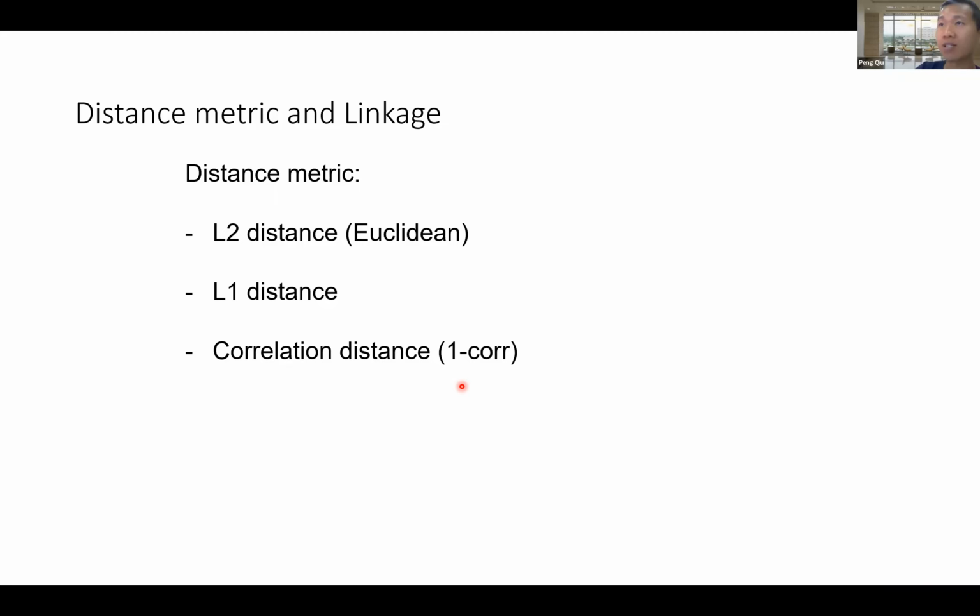Okay, so that's a choice of distance metric. Sometimes I use L1 because L1 does not involve taking squares and square roots, and that calculation is faster. When I look at single cell data where I have millions of cells, computing Euclidean distance between two cells is maybe 0.0001 seconds slower than computing L1 distance.